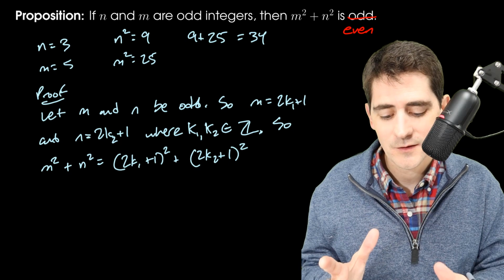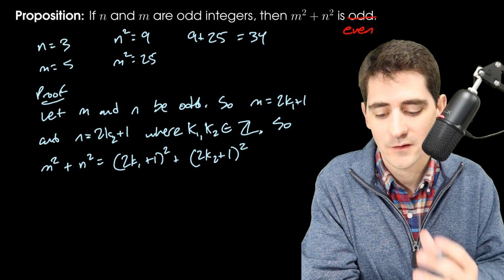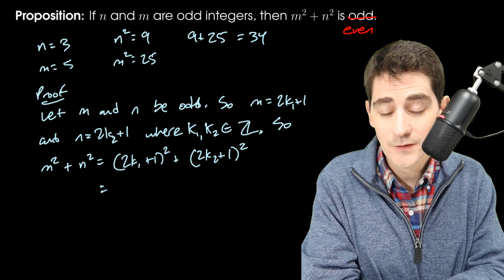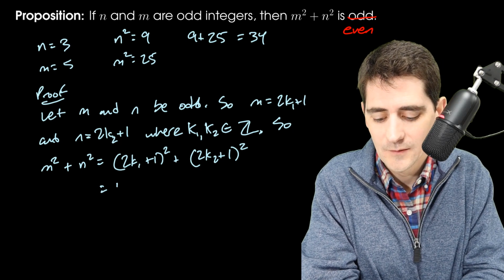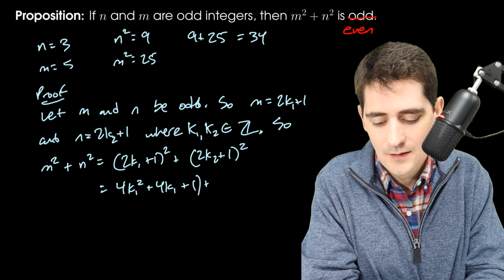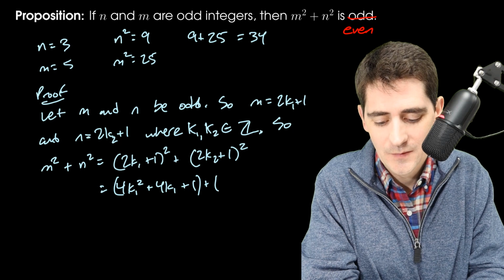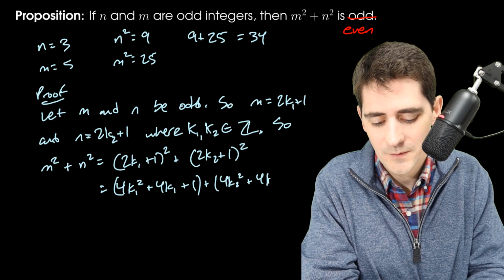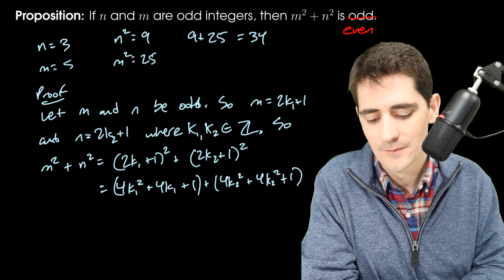We let our algebra take over. This is usually where students feel the most comfortable. So if I square the first one, I get 4k1 squared plus 4k1 plus 1. On the second side, I have a similar thing, 4k2 squared plus 4k2 plus 1.